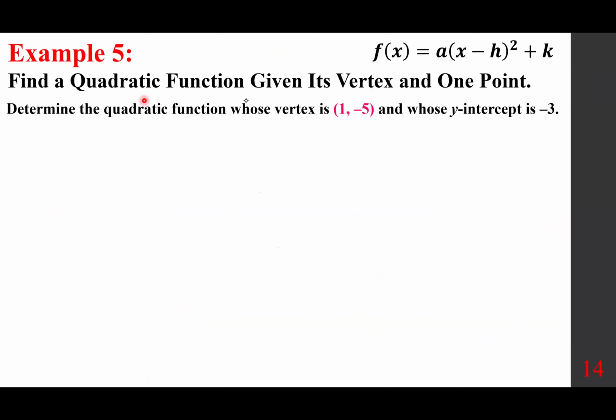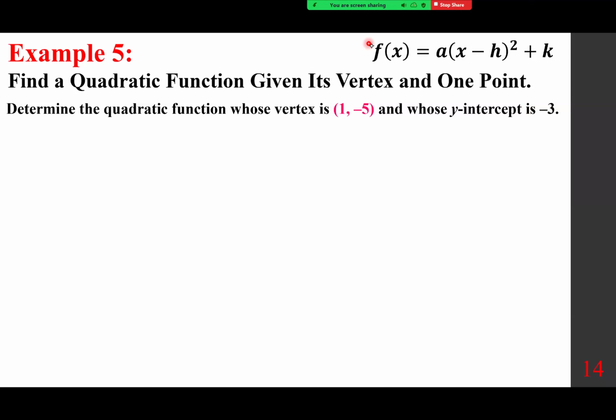Find a quadratic function given its vertex and 1 point. Determine the quadratic function whose vertex is 1 comma negative 5 and whose y-intercept is negative 3. Whenever we are given a vertex, we really should go with the vertex form, because then one more point will do the job.